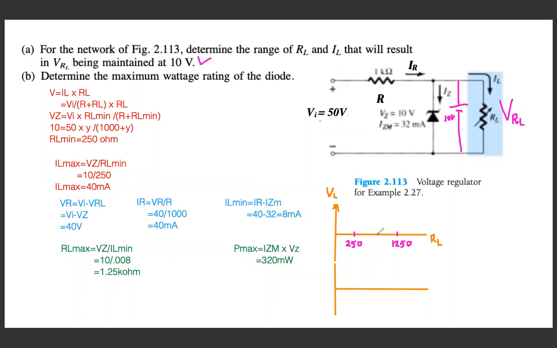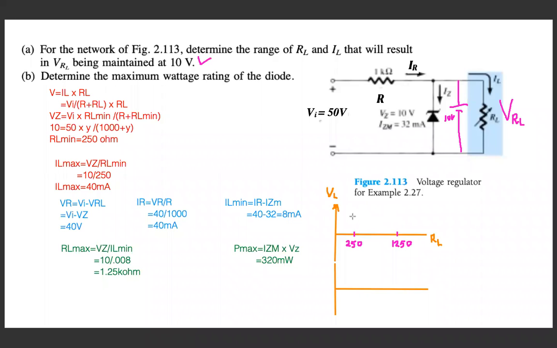So within this particular range, as you will increase the load resistance, the amount of current flowing through that will keep on changing, and it will change in such a way that the resultant of IL and RL will establish a constant voltage at the load resistance, and that will be equal to 10 volts.